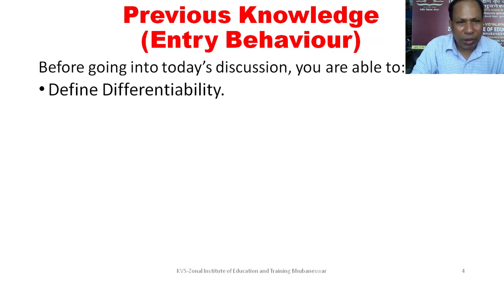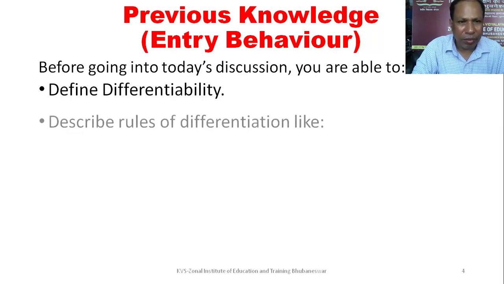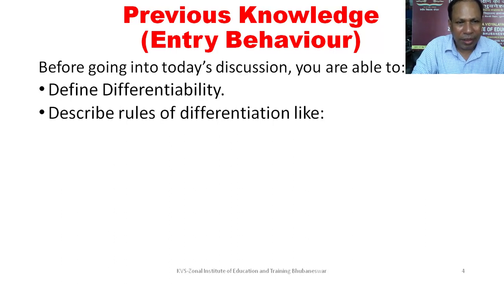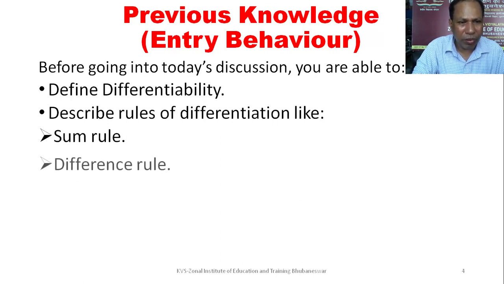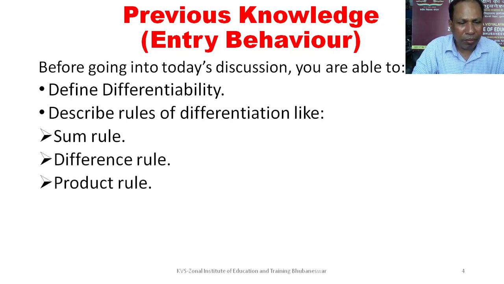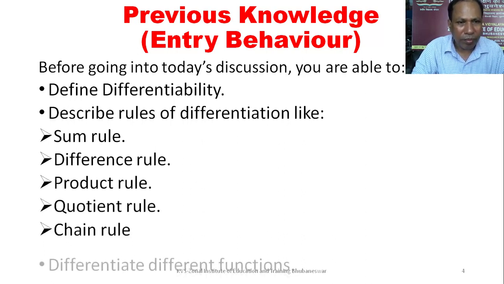So before we proceed to this chapter, what you know from the previous chapter is differentiability, and you know how to differentiate the various functions using the sum rule, difference rule, product rule, quotient rule and chain rule.